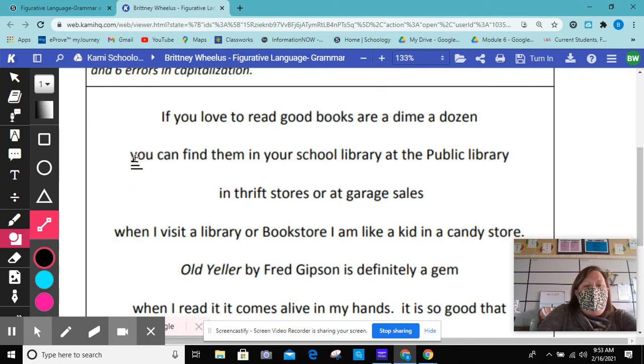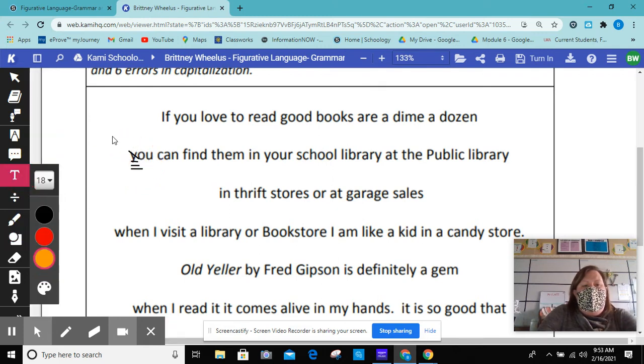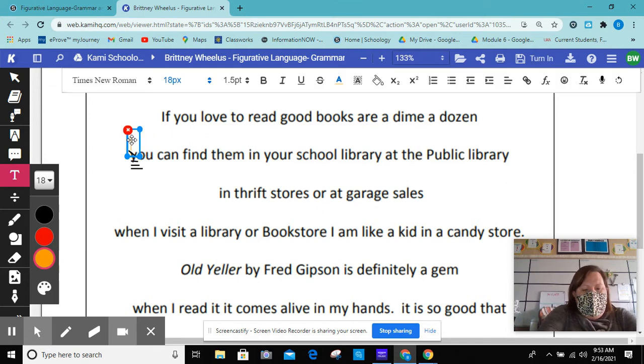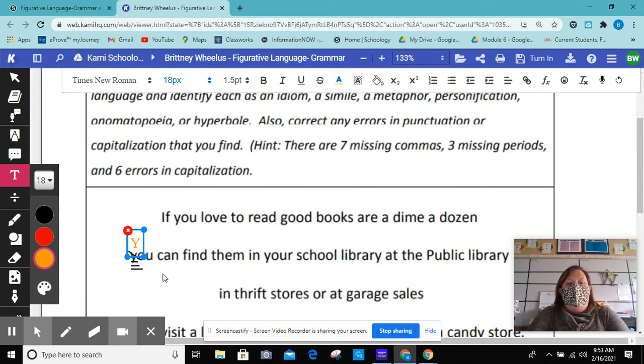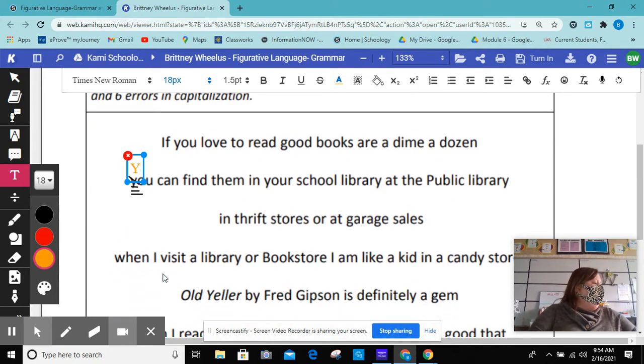For capitalization, you're going to underline it 3 times, mark it out, and put a capital letter. How many does it say that you have? You have 6 errors in capitalization.